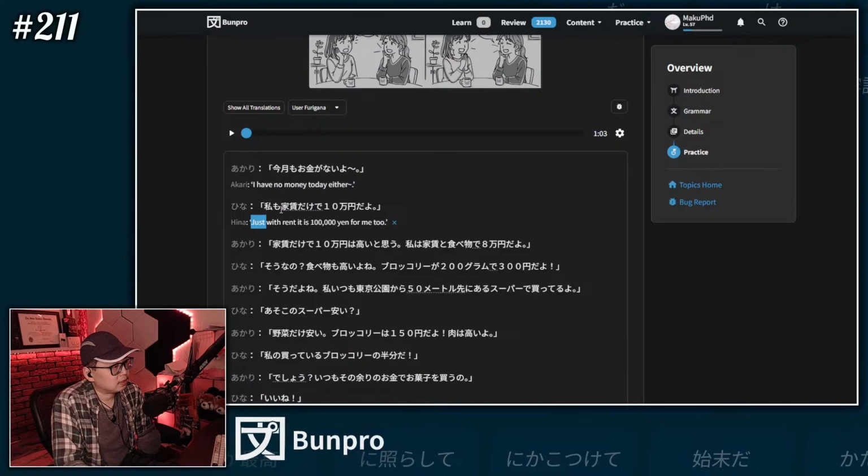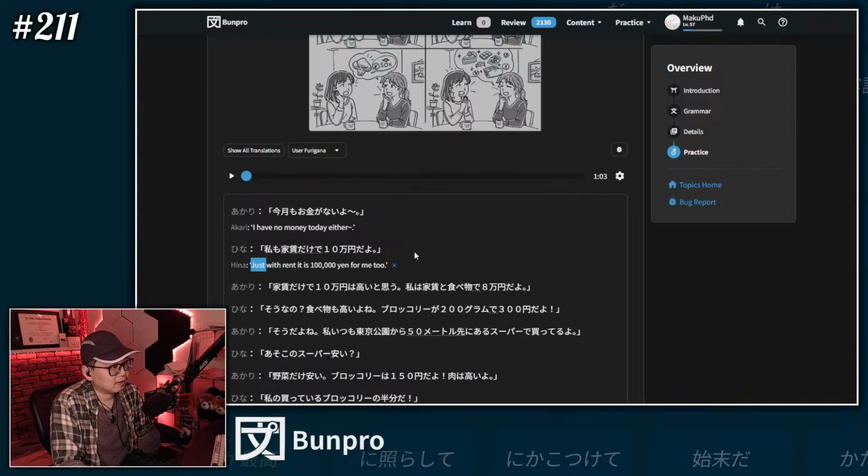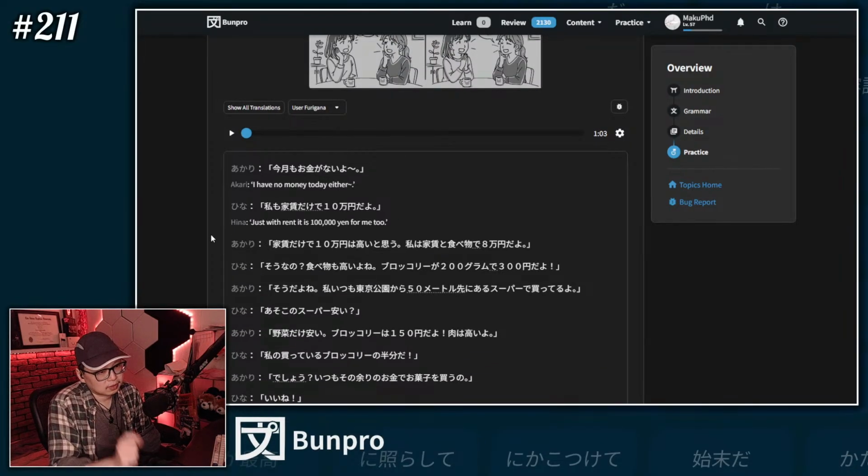So 私も家賃だけ, rent alone is 100,000 yen for me too. So yeah, you can still continue to swap between just and only. It still means just. I'm slightly triggered by the way that summary was written, but rent alone is 100,000 yen for me too is what I heard, as opposed to just with rent.